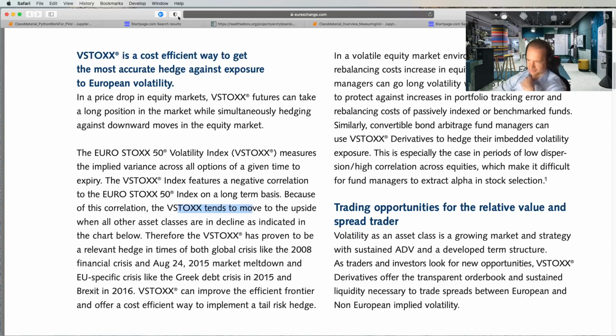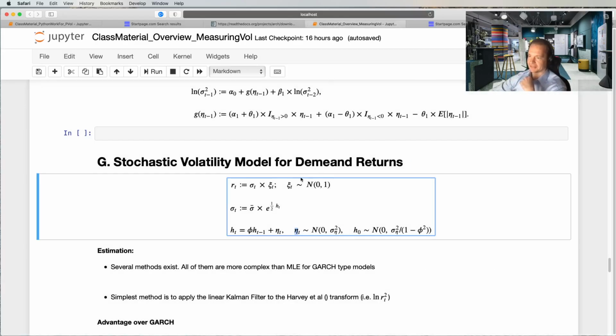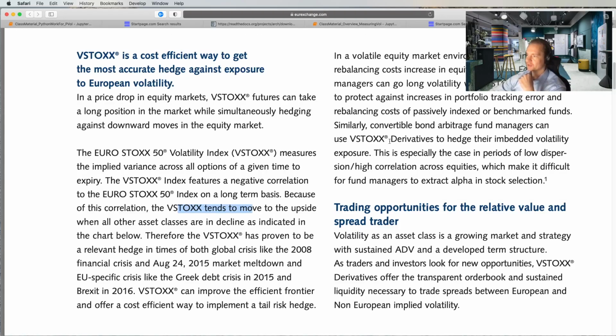That's absolutely correct. Right? If the stock return crashes, all else equal, because of negative correlation, the vol shoots up, and therefore a futures on the vol or an option on vol goes up. That's a hedge. It's a negative correlation asset. There we have it. But you need to go to derivatives to get it.